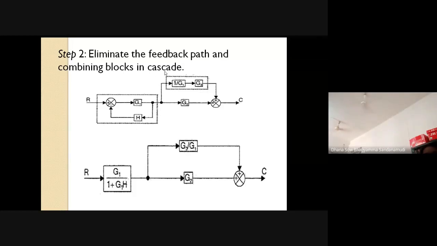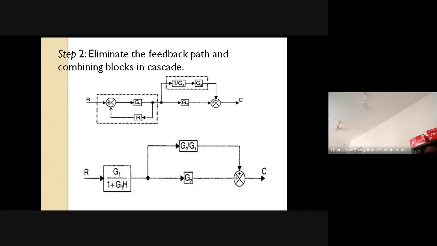Okay, combining the blocks in cascade. So G3 by G1 and G1... G1 and G3 are in cascade. So I will multiply these two values, so G3 by G1 I will get. And this is a negative feedback loop. Negative feedback loop means I have to reduce it.